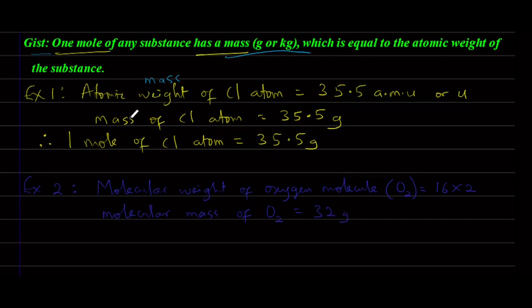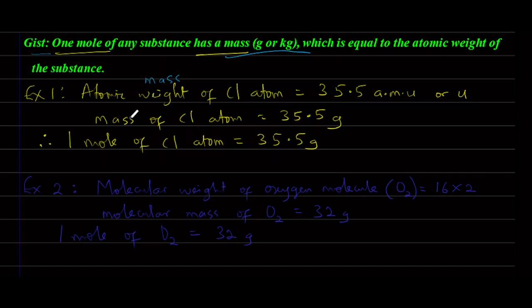Just as the mass equals the atomic weight if it is an atom, now it is in terms of molecular weight. Now that I've gotten the molecular mass of O2, which is oxygen molecule, then we can say that 1 mole of oxygen molecule is going to have a mass which is 32 grams as well. So this is what is meant by this statement.